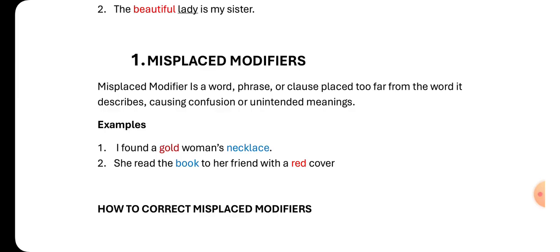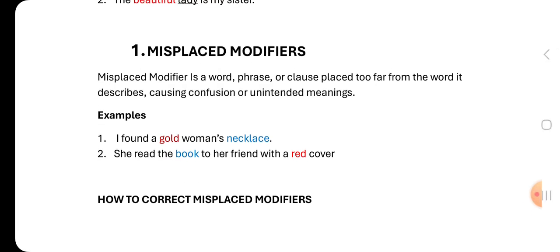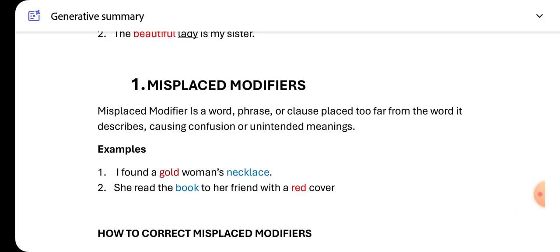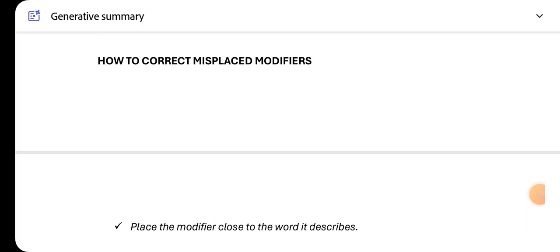So it has created ambiguity, confusion, and a lot of misinterpretation. To correct the problem of misplaced modifiers, all you need to do is place the modifier closer to the word that it describes. That's the only way you can correct it.